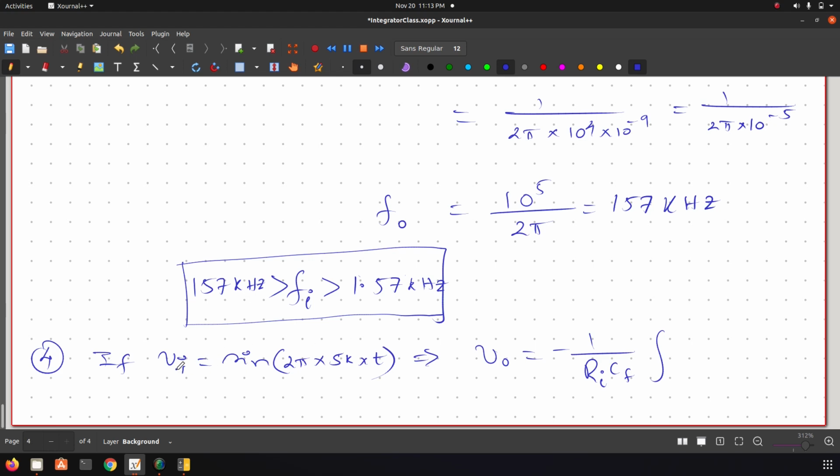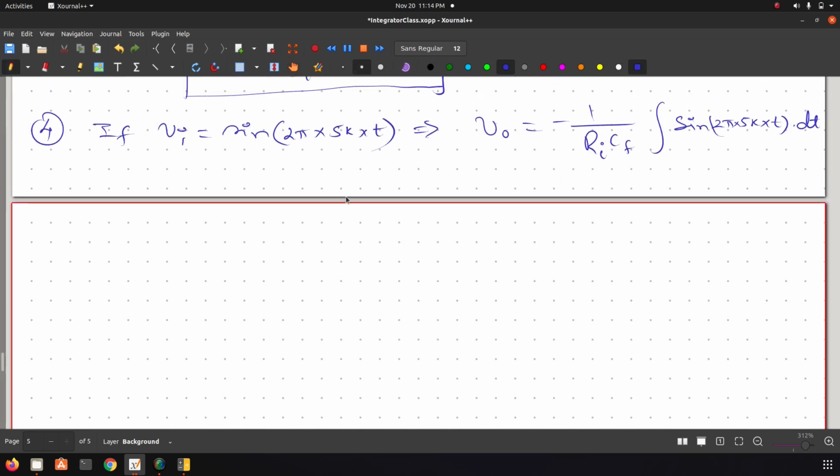And for our circuit, Ri equals 1k and CF equals 10 nanofarad.